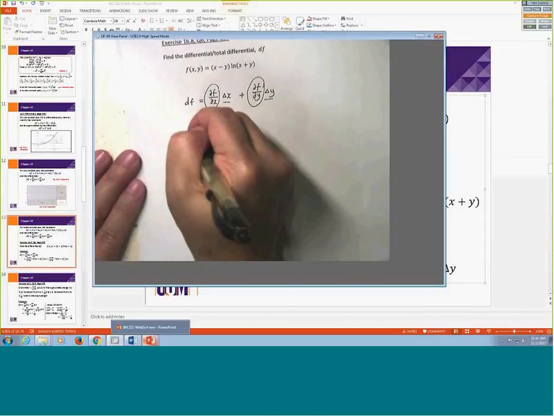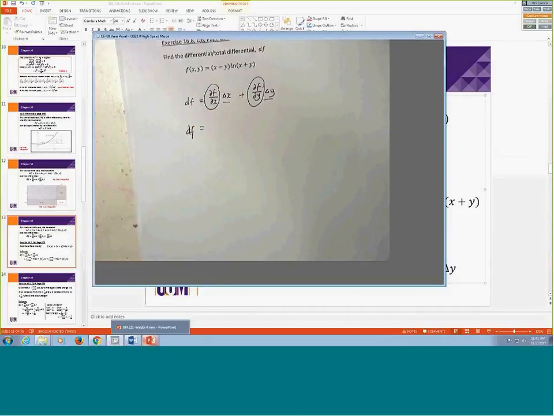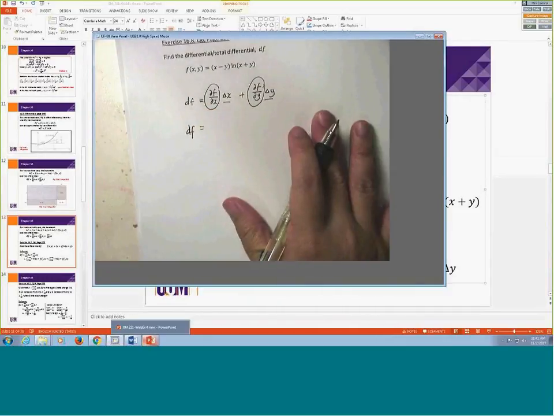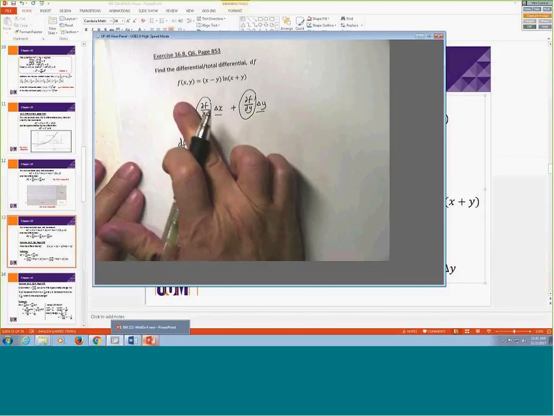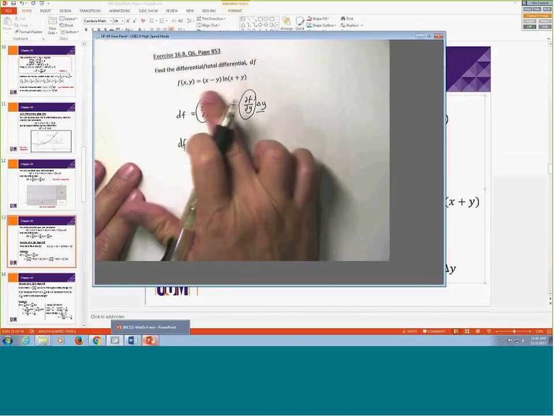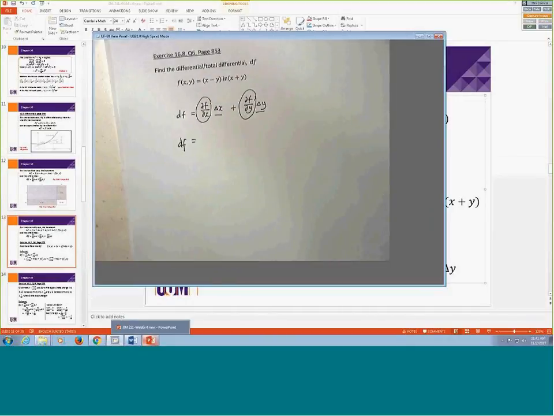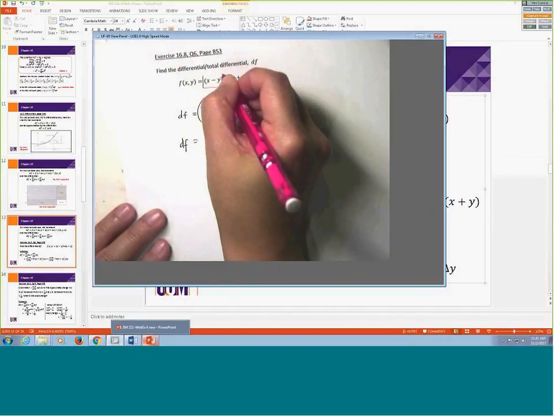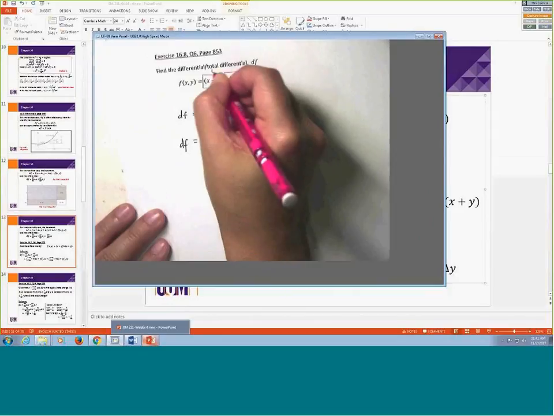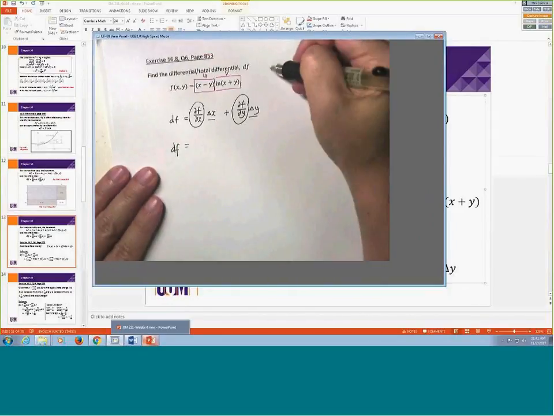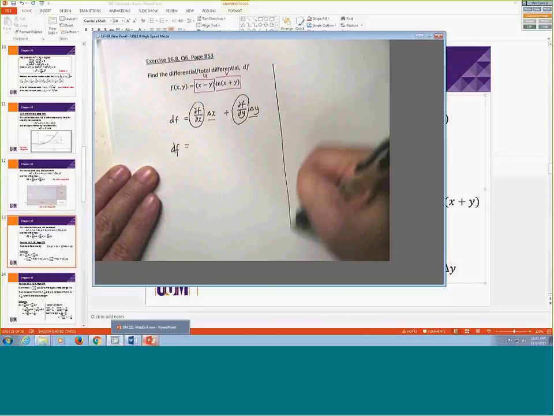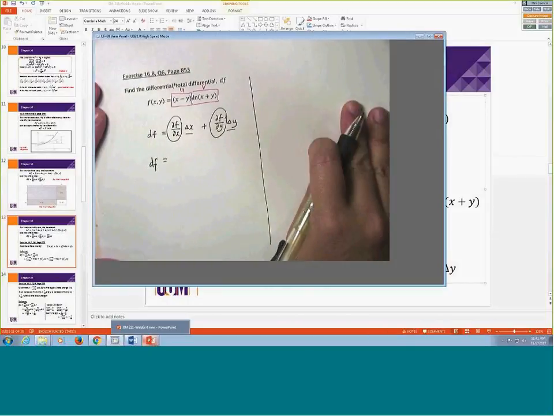So the problem is how to find del f del x and del f del y for this function. Treat this as the product of two functions u and v. This is the trick you need to know to find the partial derivative.